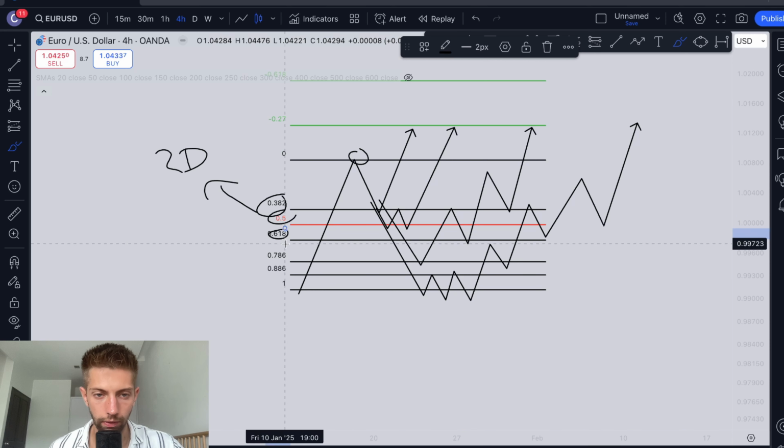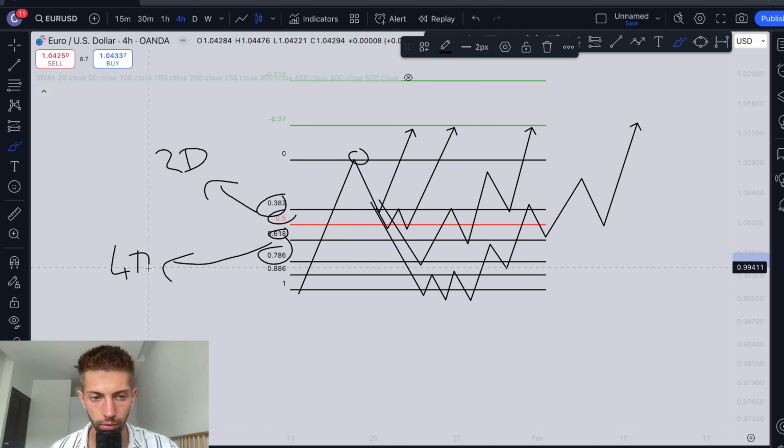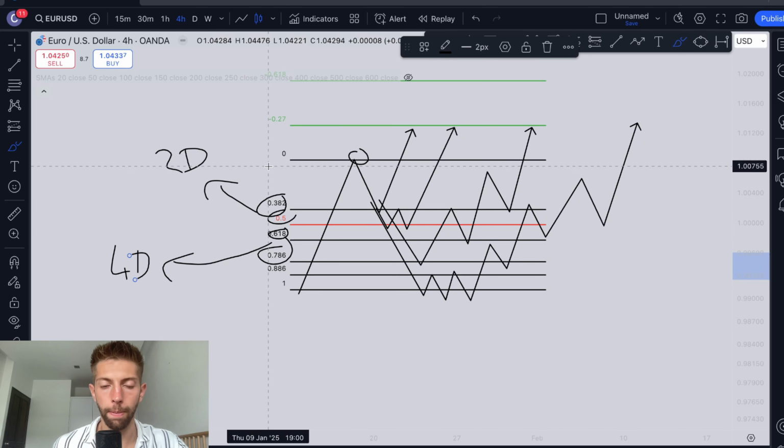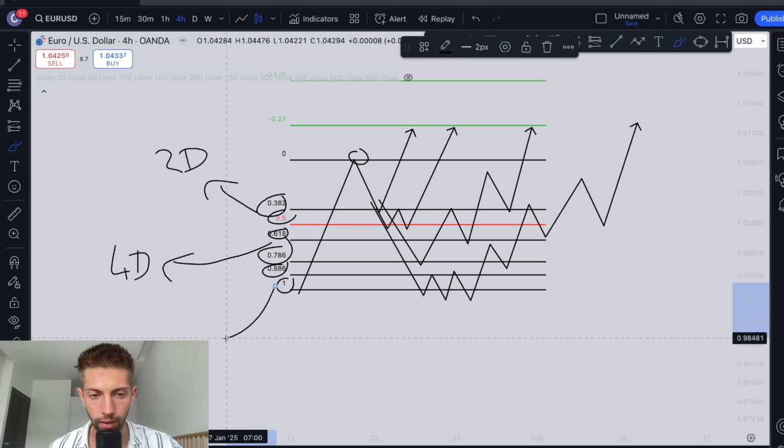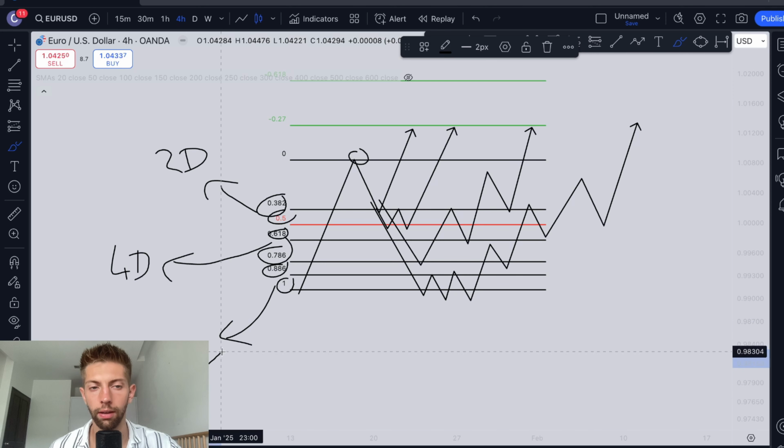Let's say 61.8, 78.6 will be 4 days to break its own highs, and 88.6 and 100% will be, let's say, 1 week to break its own highs.